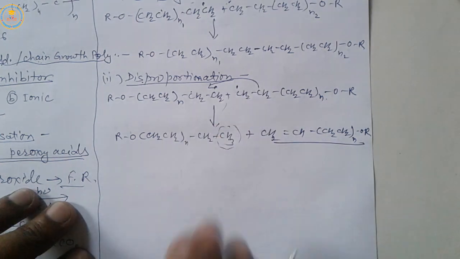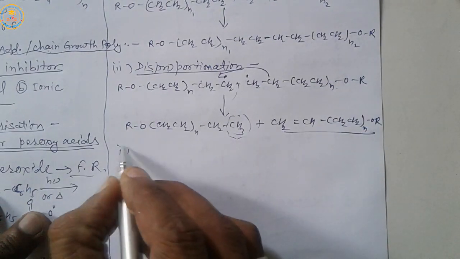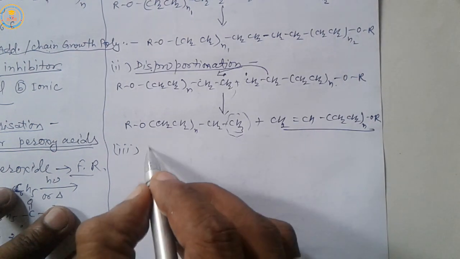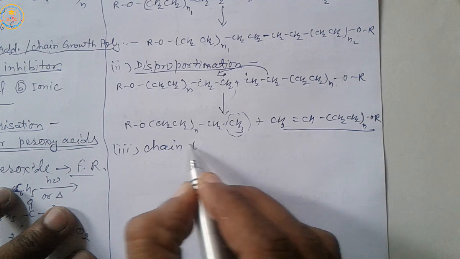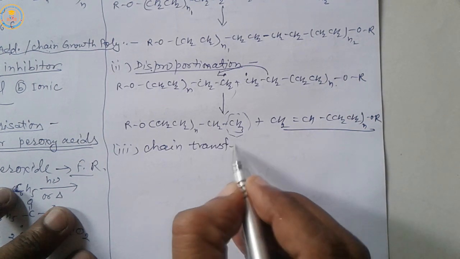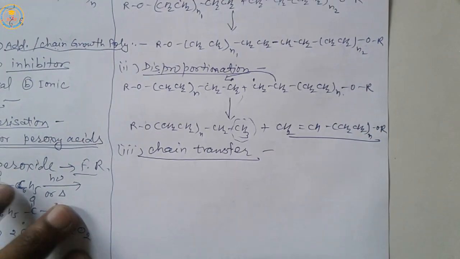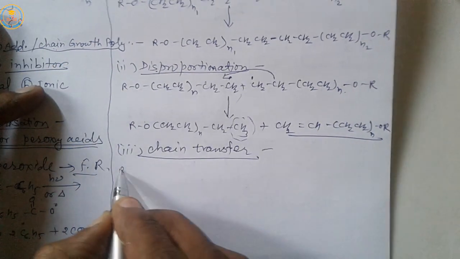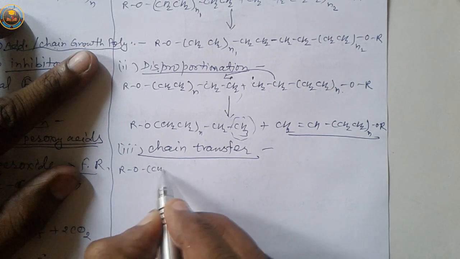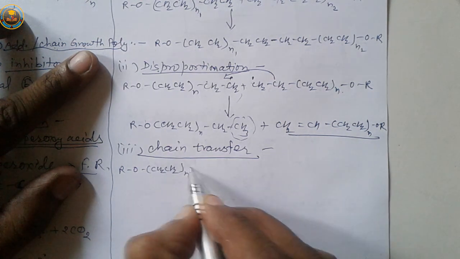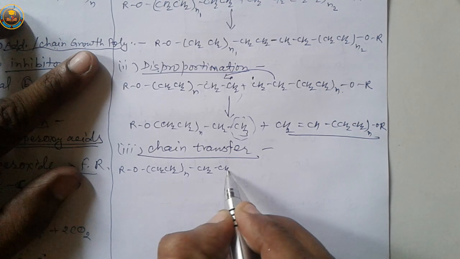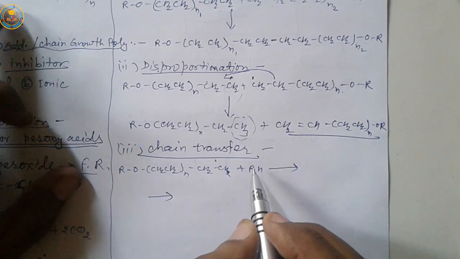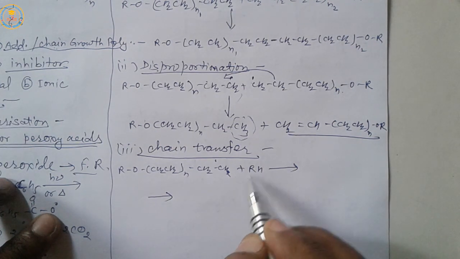After transfer of the proton. Now next, the third way of chain termination is chain transfer. It takes place as follows. Here RH is a chain transfer agent.